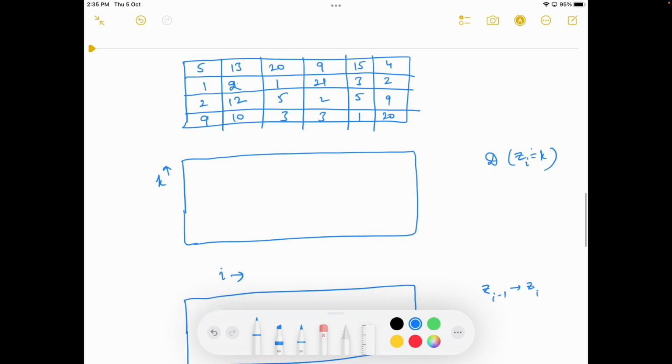Okay, let's do it. So pay attention now. When I reach here, what is the cost? What is the score I have accumulated? 5.